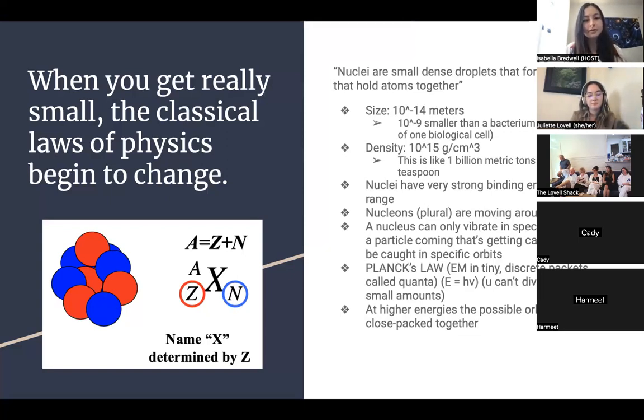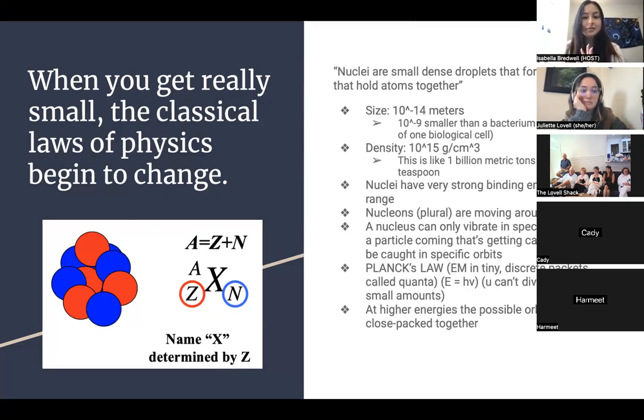One of the most important principles in quantum mechanics is the idea that a nucleus can only vibrate in specific modes, which means that there's only certain energies that it can have. Planck's law has the equation E equals hv, which is the energy equals the frequency times Planck's constant, which is just a constant number.